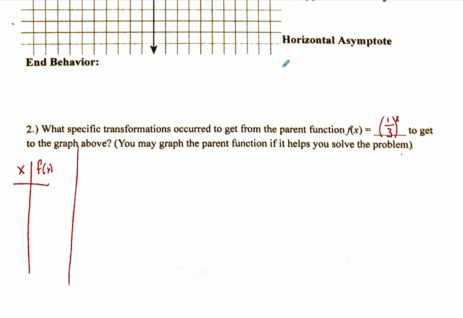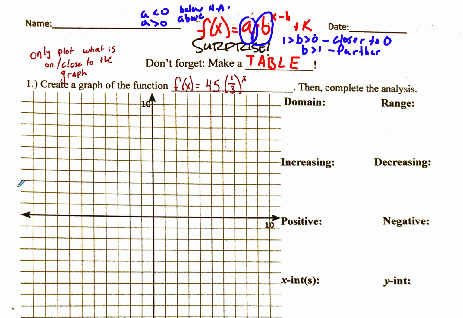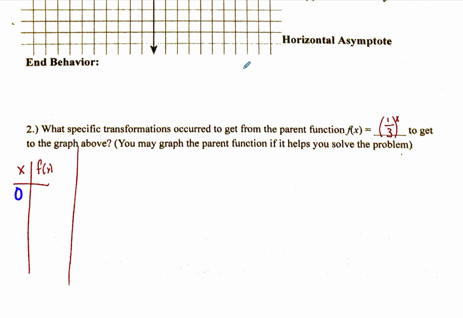I'm going to start by setting up my graph at my table, and unfortunately I have to do it down here. So I'll start by plugging in 0. Now remember, anything to the 0 is always 1. So a third to the 0 is 1. 1 times 45 is 45.